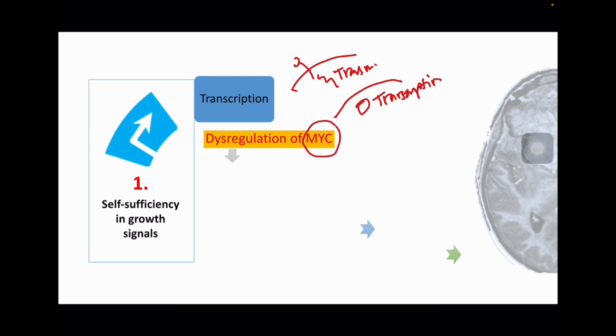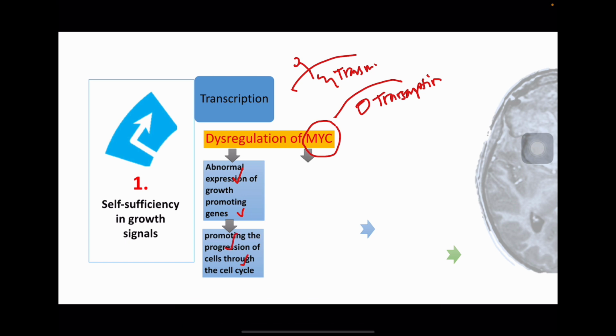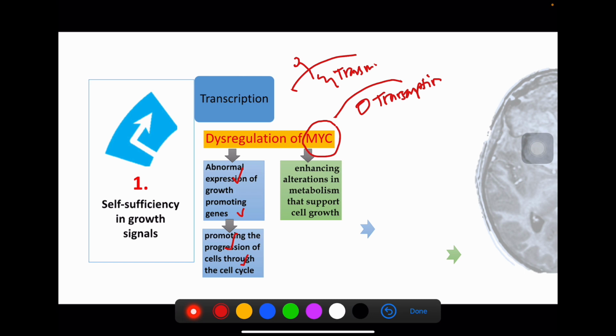Okay, what are the problems with the MYC gene? There is an abnormal expression of growth promoting genes, okay, as well as that will cause the promotion of progression into cell cycle.